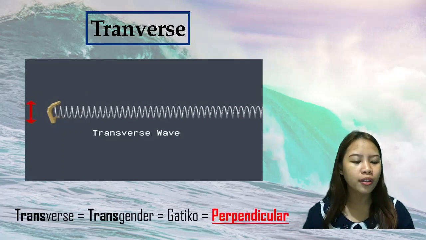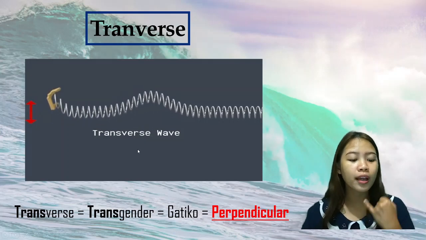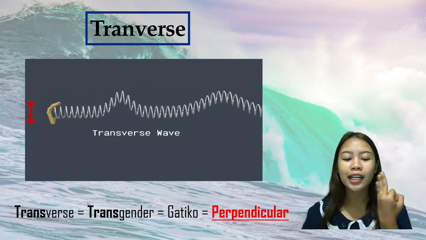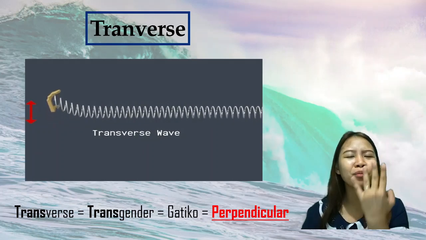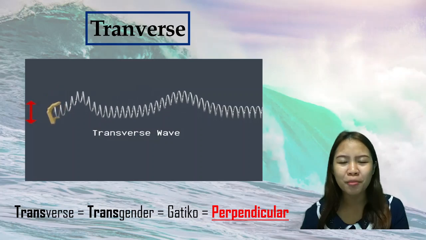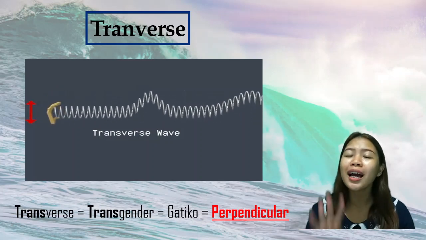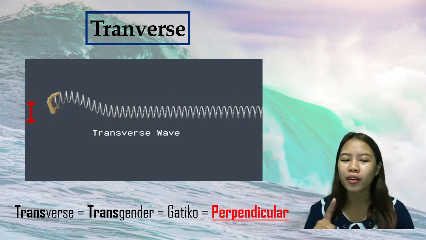Okay, so I have here the 4 words. We have the transverse, transgender, gatiko, perpendicular. So how are these four related to each other? What is the purpose of these four, to help me remember the transverse wave?